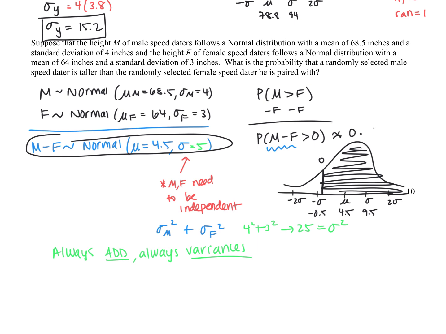So we get a likelihood of about 0.816. Just as a review, if I asked you to interpret this, you would say something like, in the long run, if we chose many speed dating pairings, in about 0.816 or 81.6% of them, the man would be taller than the woman.